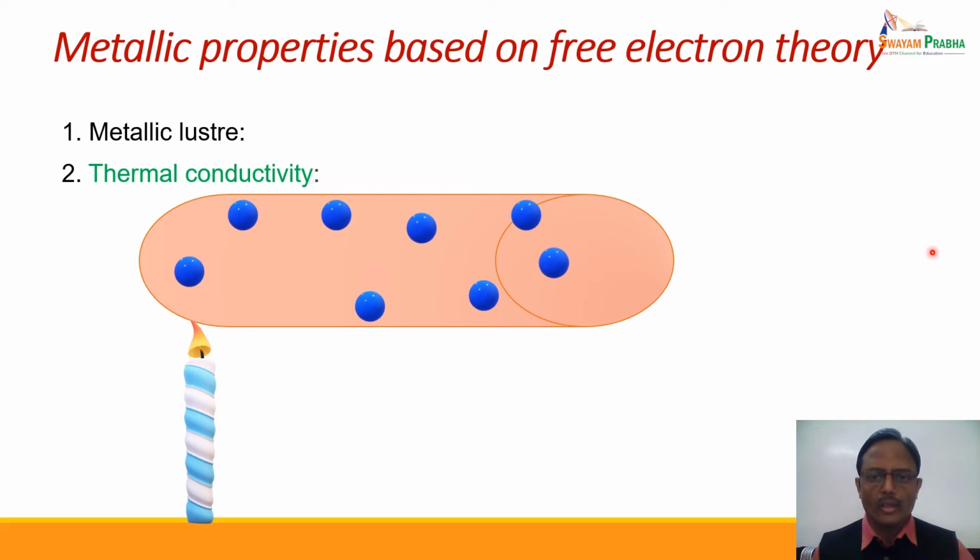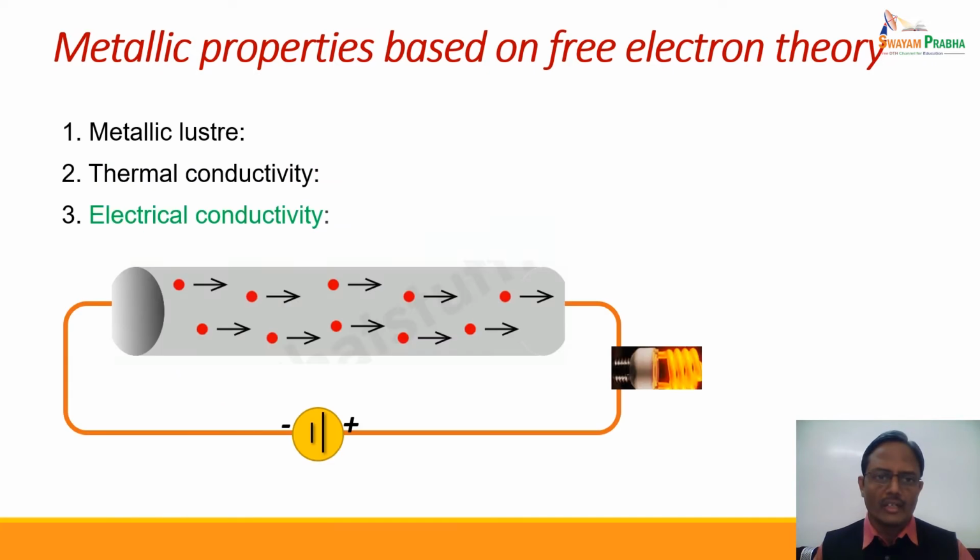Now when the electron moves from one end to the other, it collides with the other electrons, and also with a large number of cations, and due to the collisions the energy is transferred from one end to the other end. So the kinetic energy of this end's particles goes on increasing and it is getting transferred to the other end, and since the kinetic energy of the second end also goes on increasing, the heat is getting conducted from one end to the other end. So that is the reason for thermal conductivity.